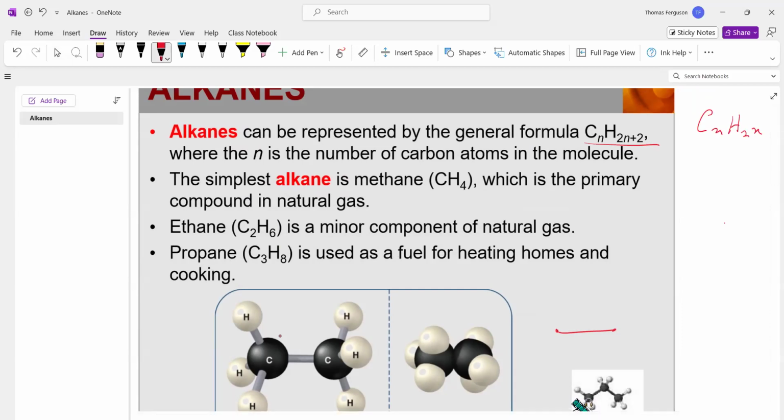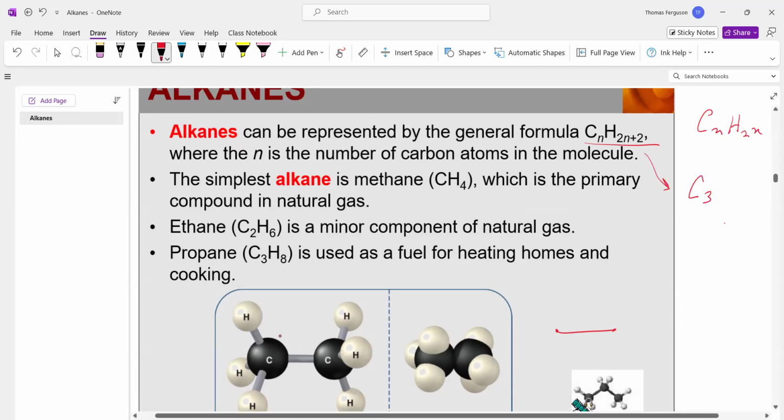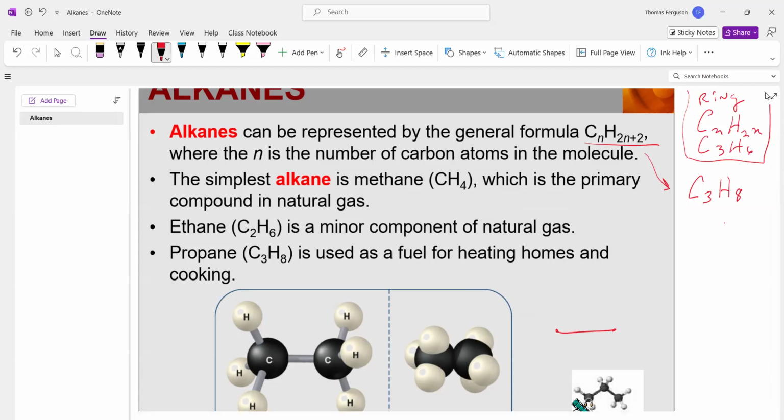So for example, if N is equal to 3 carbons, using this one now, it would be C3, 2 times 3 is 6 plus 2 is 8. Or it's ring, so this is ring. Now they can be straight or rings as long as it's only carbon, hydrogen, single bonded. It's considered an alkane.